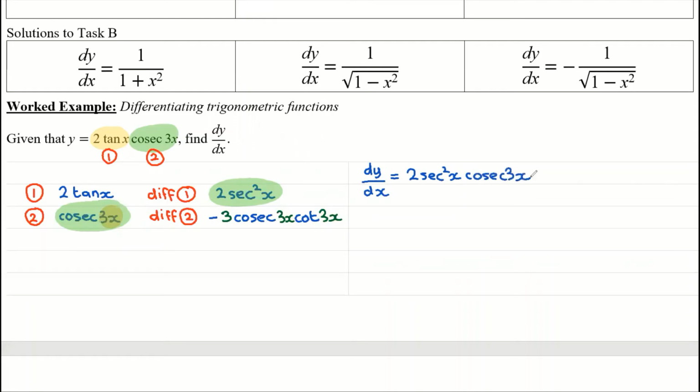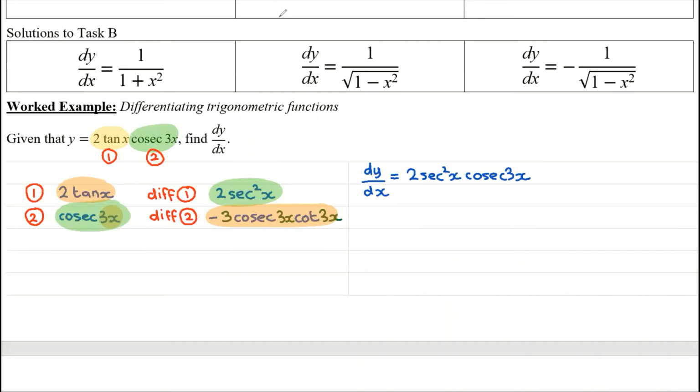Okay. And then I'm going to add the product of the opposing diagonals. So 2 tan x and all this here. So that's negative 3 cosec and the rest. And just be careful here, of course, because we have a negative sign in front of the 3.